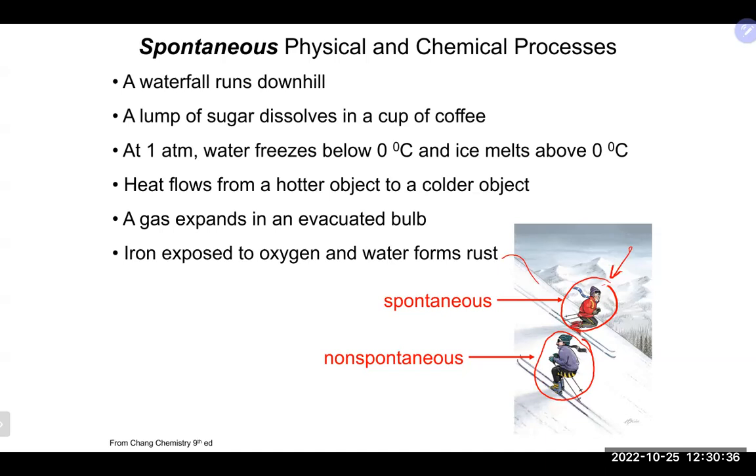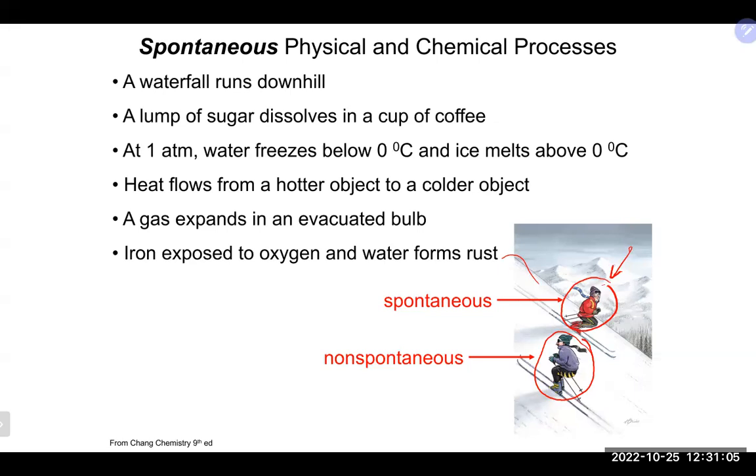So what we deal with a lot in thermodynamics is the idea of whether or not a reaction is spontaneous. And sometimes people have a misconception about what spontaneous means. A lot of times, people associate spontaneous with meaning it occurs super fast. That's really not what we're looking at when we talk about thermodynamics.